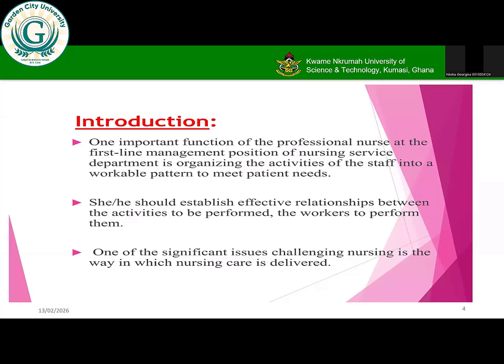Now that we have a lot of nurses, especially student nurses, we need to not let them stay on the ward without doing anything, not only running errands. Running errands will not help them. At least you need to use these nursing care delivery models to assign them to tasks.